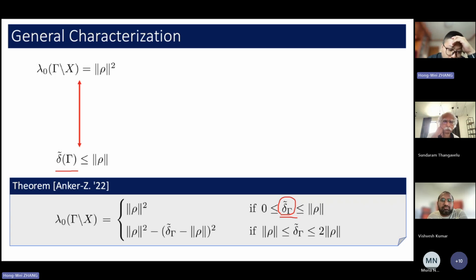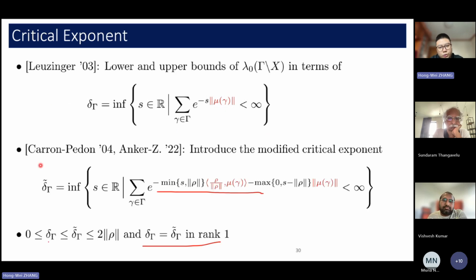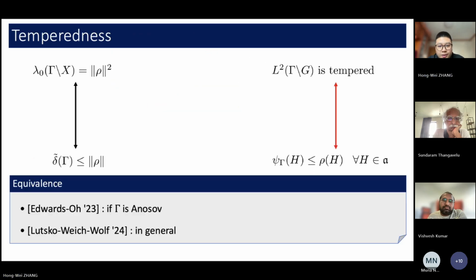It's the critical exponent of some Poincare series, but it just reflects the way we measure the growth rate of the discrete subgroup. They are not the only way. You can see there is one way, the original way, and the other way, which was also used a long time ago by Karlsson and Peton. And we will see there is a third way, right?